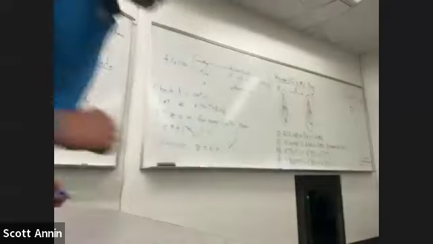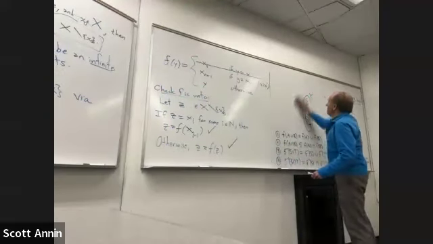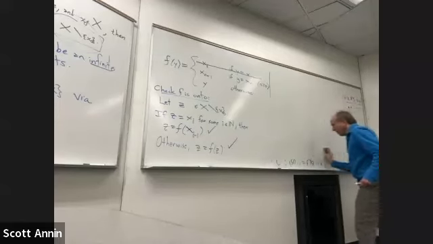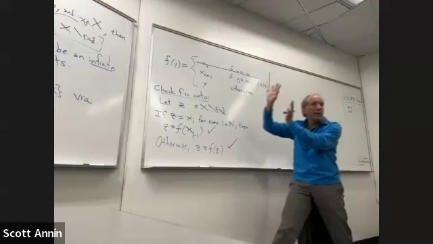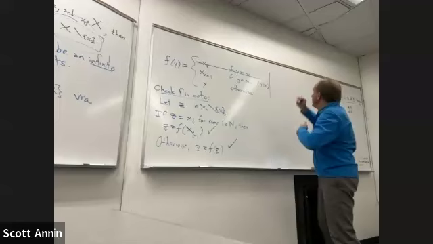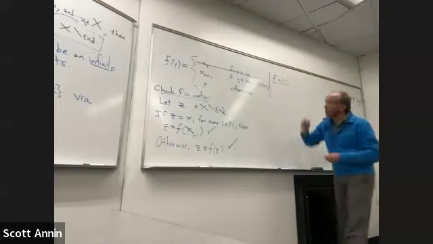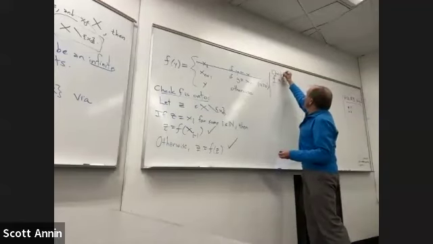Okay, perfect. Let me talk about the one-to-one really quickly. For the one-to-one, again, I would try to get away from getting locked into the notation from over here. Check f is 1-to-1.